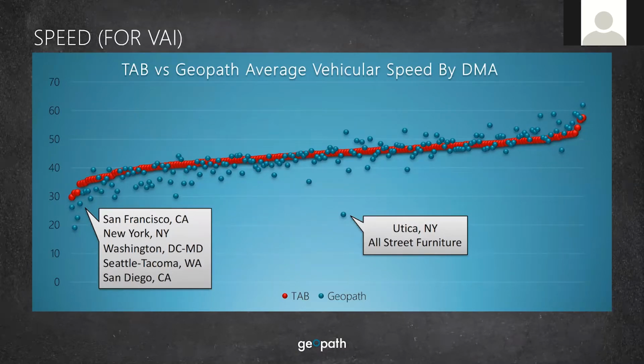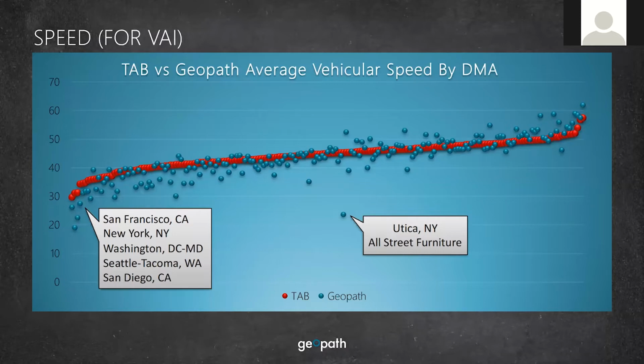Now, across the board, fairly close trending, but you are going to see some areas where we are moving away from some default speeds for different road classes. Not every roadway had speed data in our existing data set, so we would be using sort of an average speed on that road class in that area.